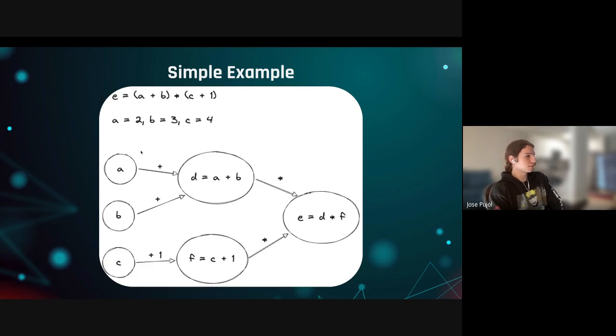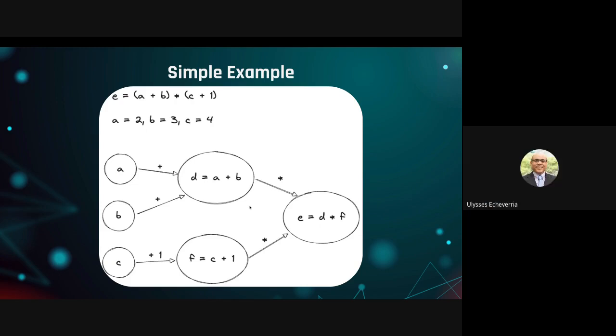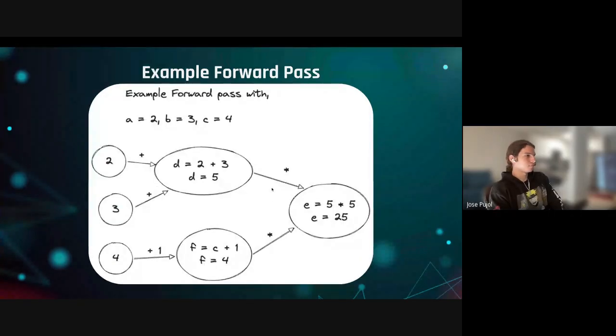I'll show you the forward pass later, but it would look like this, where I would have A and B, and we add these together to get this node D. And then C plus 1 is going to give me this node F. And then I'm just going to multiply D times F to get E. This is pretty simple to understand, right? Yeah. So a forward pass looks like this, where you just replace with the values, you perform the computations, and then you get your final output as a result.